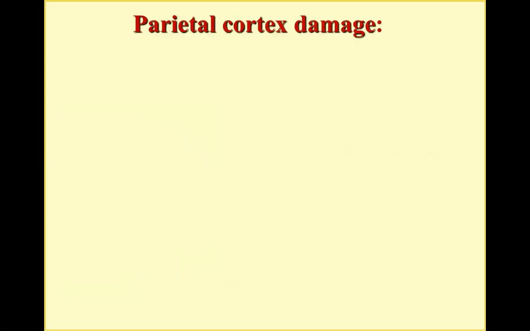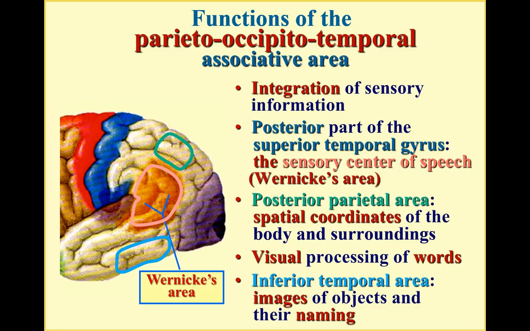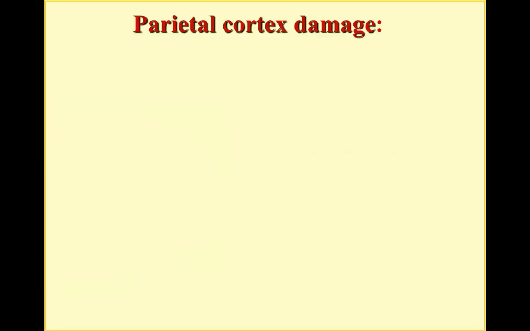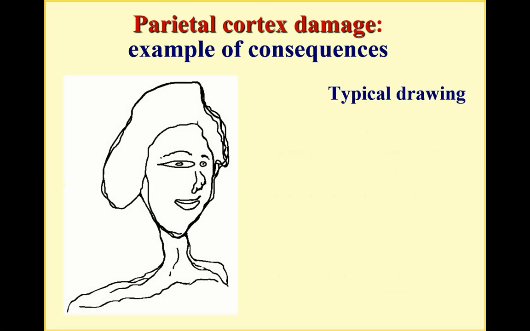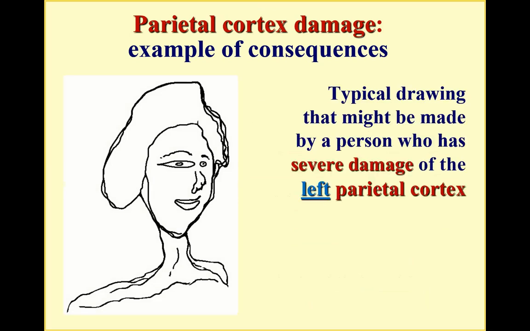First, parietal cortex. If we come back again to the previous slide, this is shown in the upper part. This object in the posterior parietal area, which controls the spatial coordinates of the body and surrounding, in green. Look now, what happens if exactly this posterior parietal cortex area is damaged? So consequences possible. Look at this picture. Such a picture can be drawn by a person who has severe damage, and this damage is in the left parietal cortex.